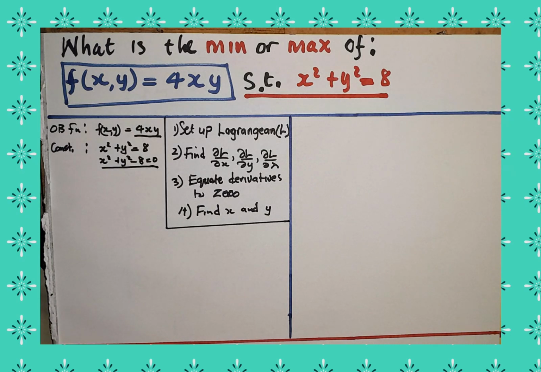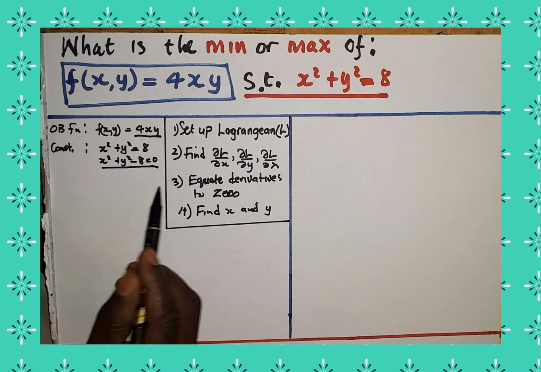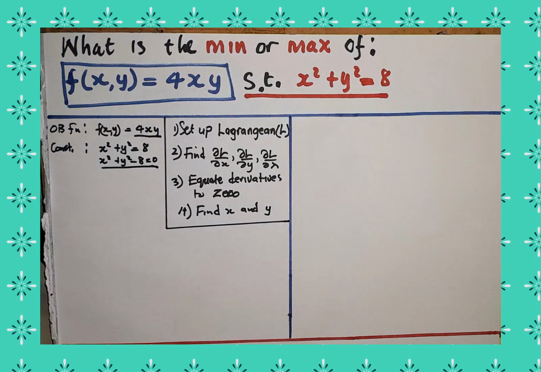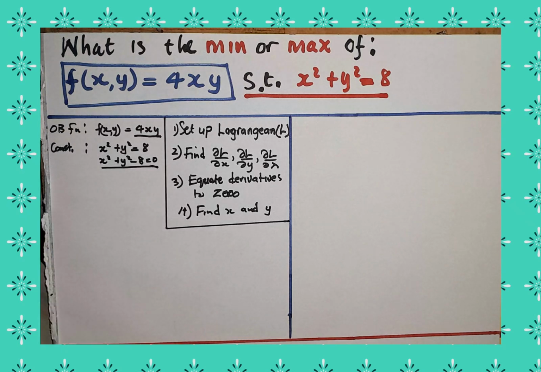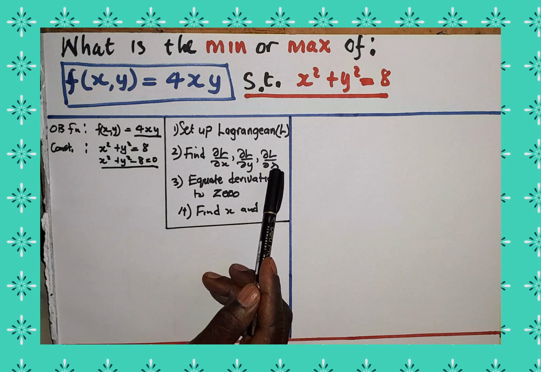Now, in order to carry out this process of optimization, we need to go through the steps I've listed down below here. Step number 1, we're going to have to set up our Lagrangian L. The Lagrangian L is a function of x, y, and a parameter lambda, which I will explain in a minute. Secondly, we have to find the partial derivatives of our Lagrangian L with respect to x, y, and lambda.